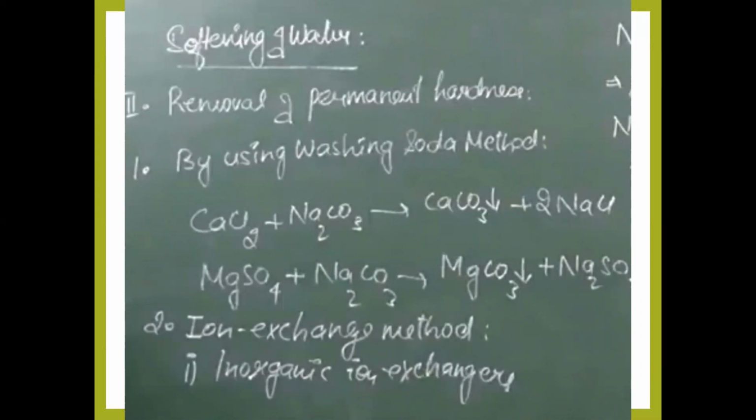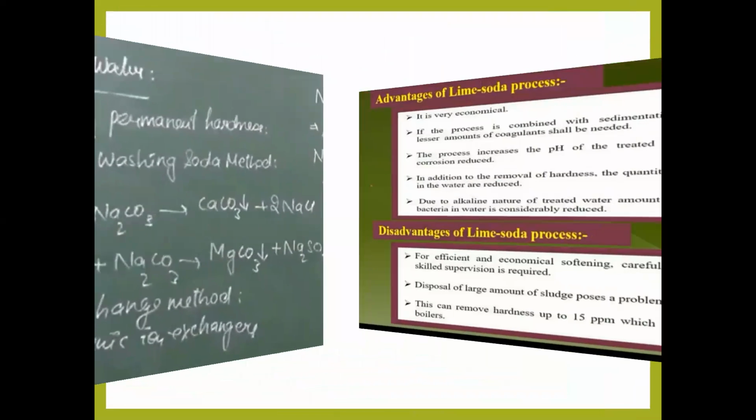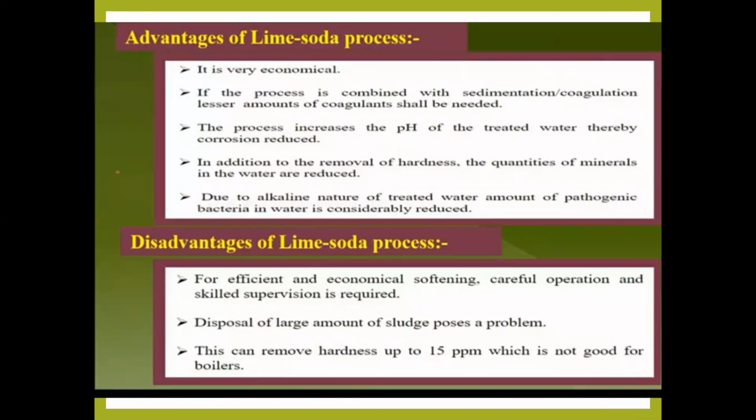Second method is, first we will see the advantages and disadvantages of the lime soda process. The advantage is that it is very economical. If the process is combined with sedimentation or coagulation, then a lesser amount of coagulant is needed. The process also increases the pH of the treated water, thereby reducing corrosion.